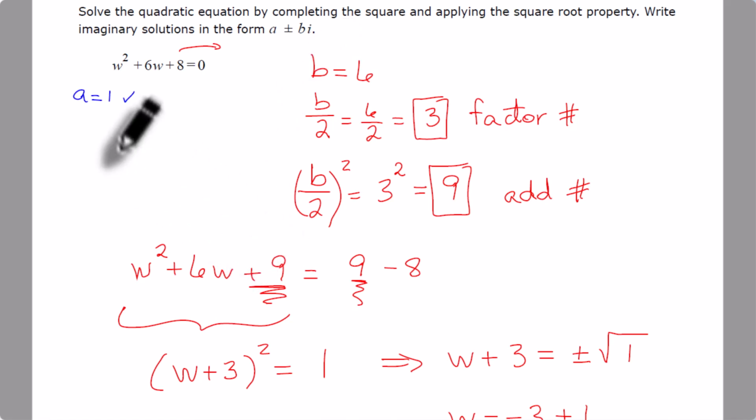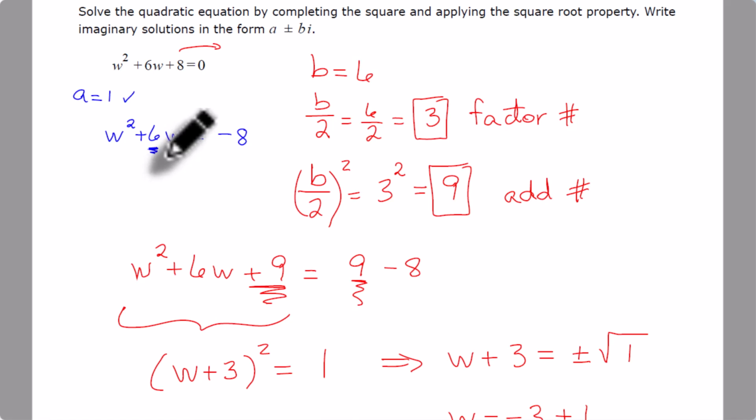Okay, so if I move it out of the way, I get W squared plus 6W equals minus 8. All right, so then I grab B. Here's B. B over 2 is 3. That's my factor number. Grab that number and square it, and I get 9. All right, so that's the part I'm going to add in.